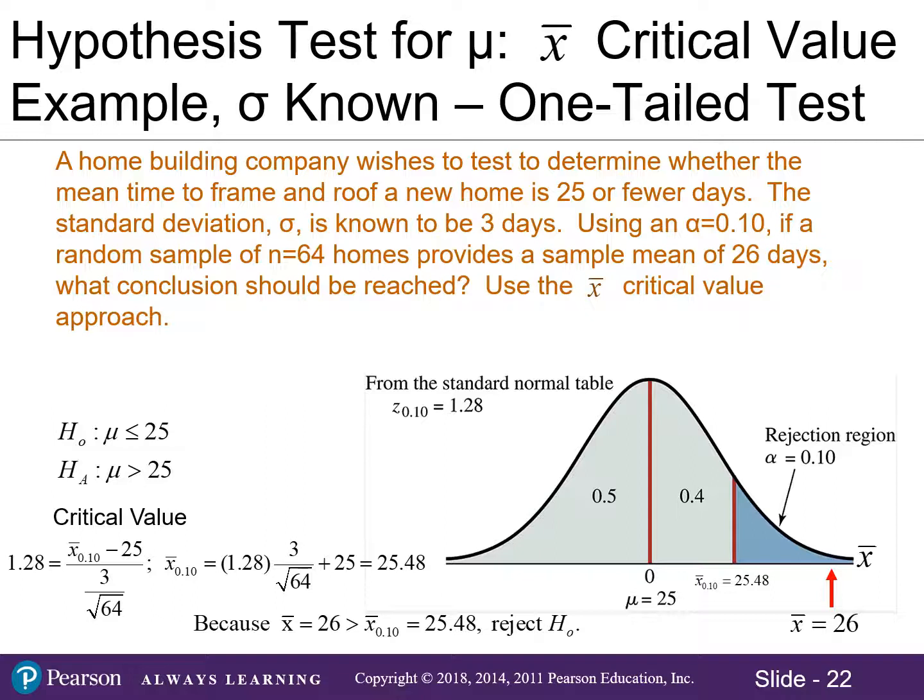All right, let's take a look at a one-tailed test. We're using critical values. And did I already do one like this? I already did a greater than, didn't I? Yeah. Let's do another one. This is exactly the one I did earlier. Why do I have it on here twice?